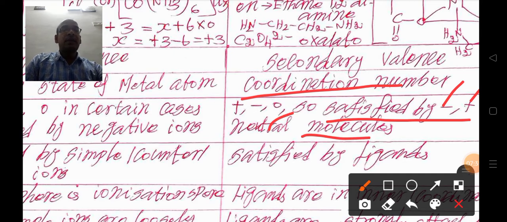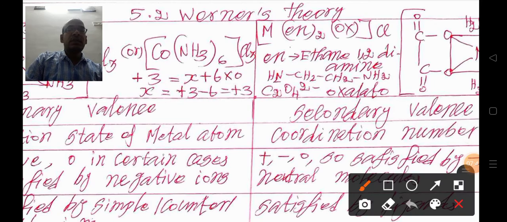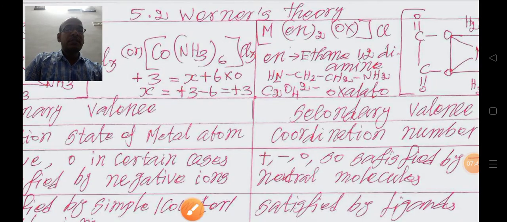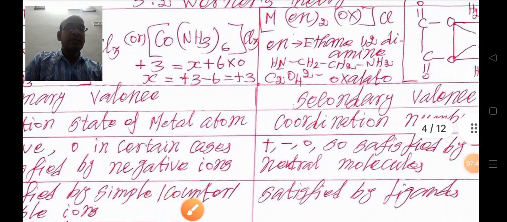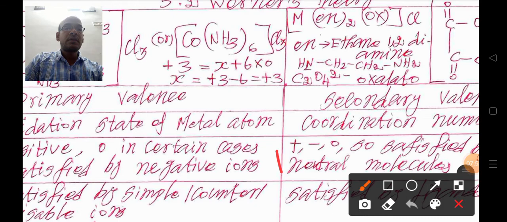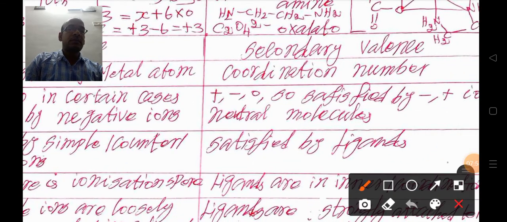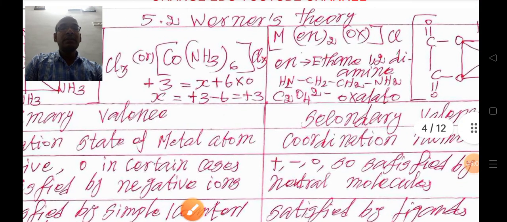In this example, the coordination number is 6. The coordination number is satisfied by the ligands. In this example, the ligand is ammonia.